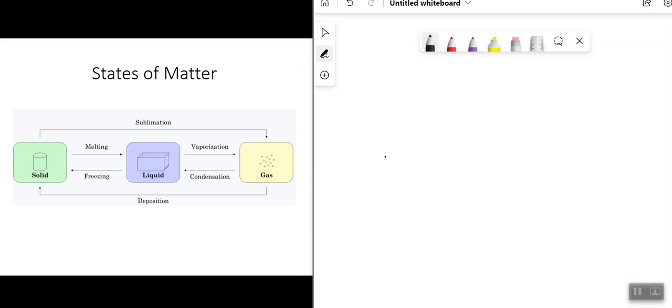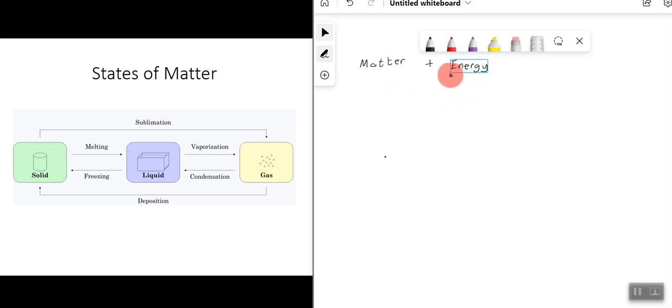So we have these two parts. We have matter and energy. And matter is made up of atoms, and it has space. It occupies space, and it has mass.